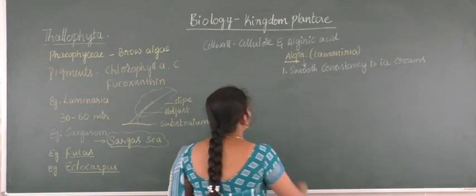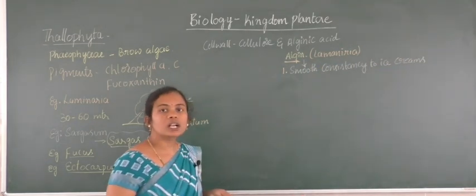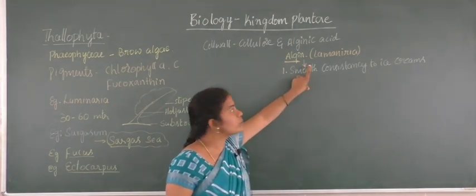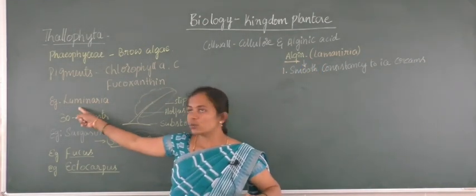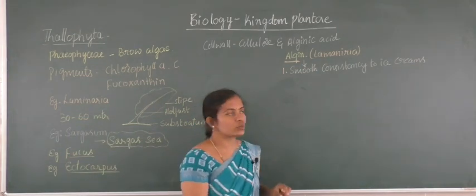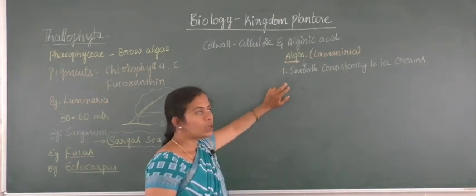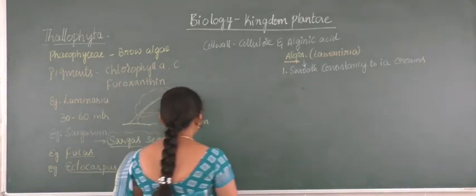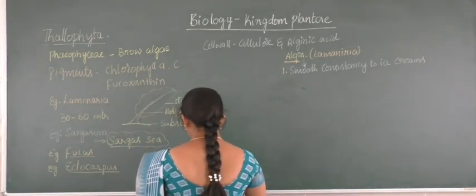So that's why there is very much commercial importance in case of algin, and it is extracted from the Laminaria that we found as the first example. And the next property that we are going to find is the reproduction.